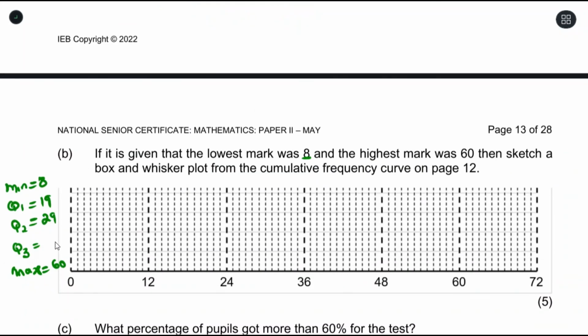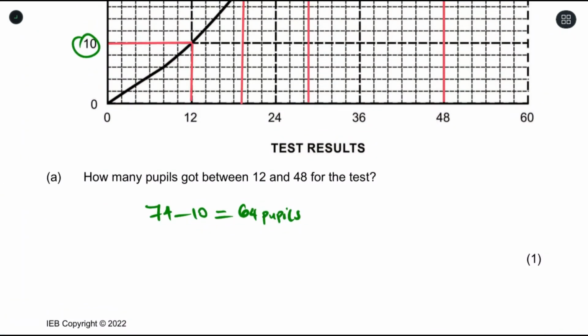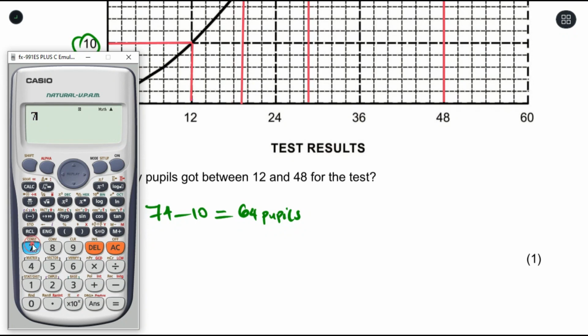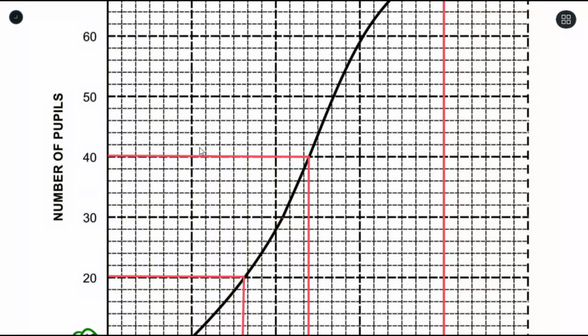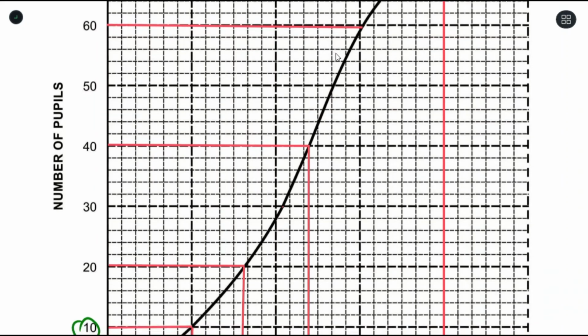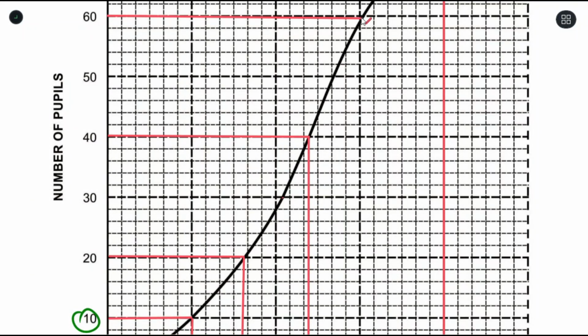And finally, Q3 is 75% of your data. So 75% times 80 gives you 60. I draw a straight line to 60 and connect it downwards.